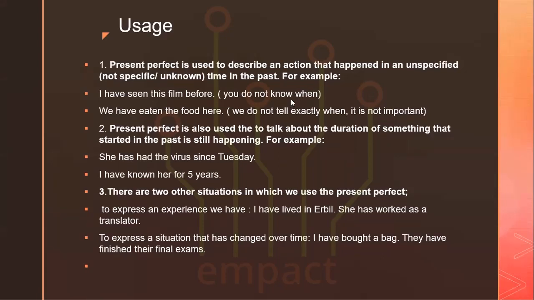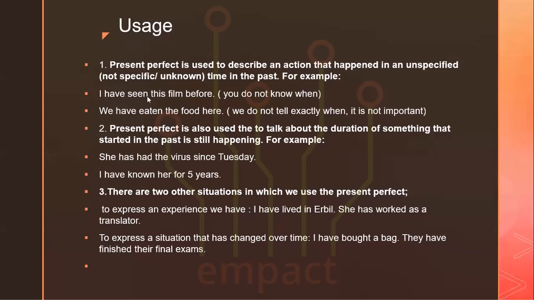For example, I've seen this film before, I've studied before, I've driven before, I've eaten this food before. You just say this sentence in present perfect form, but the time is not clear, and we don't even need it; it's not important.